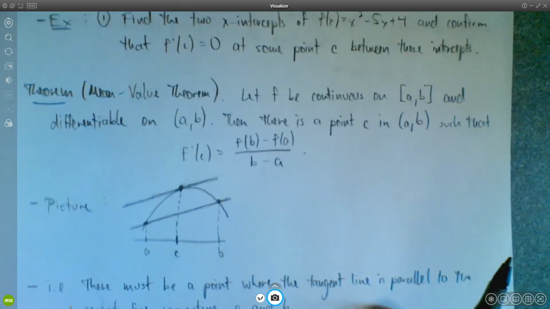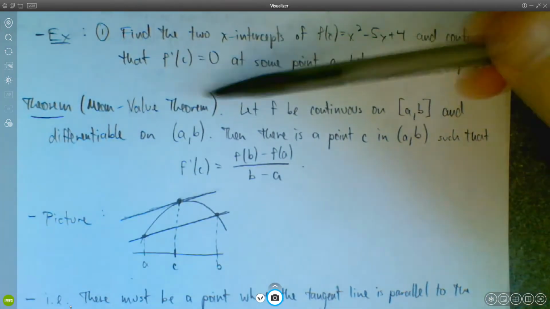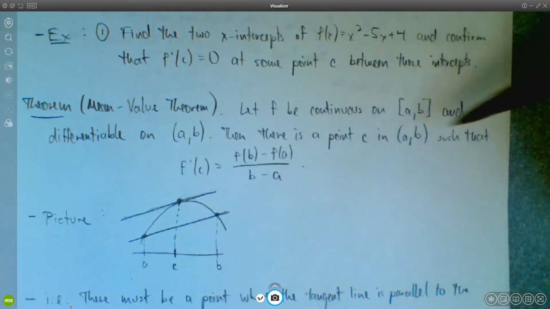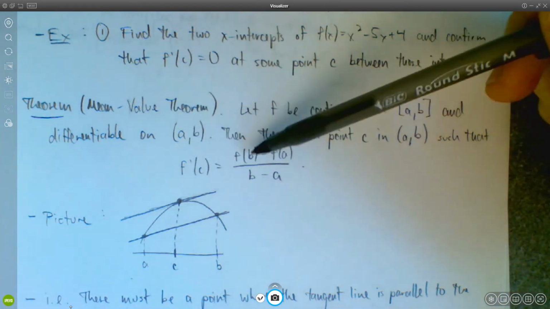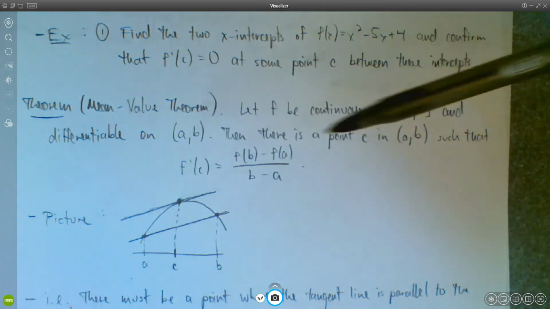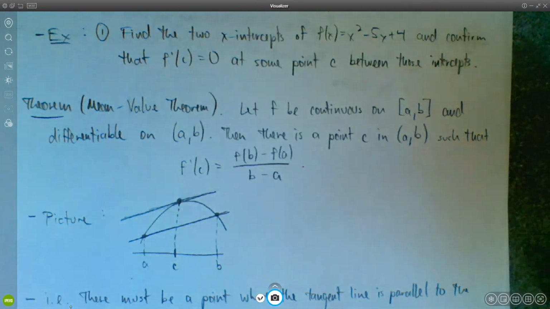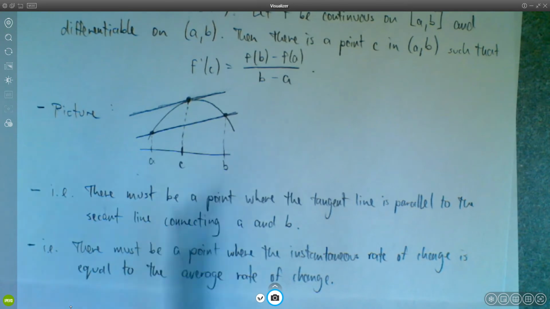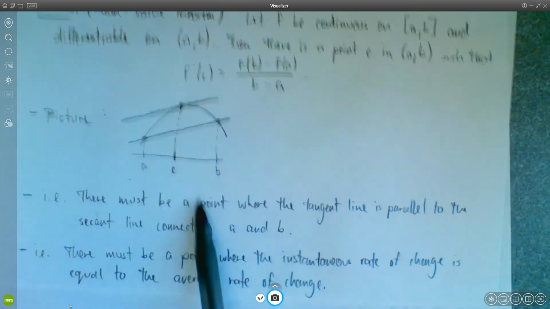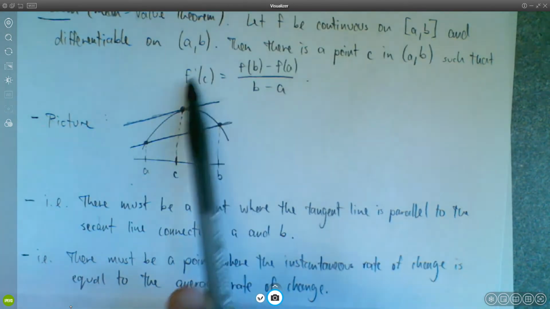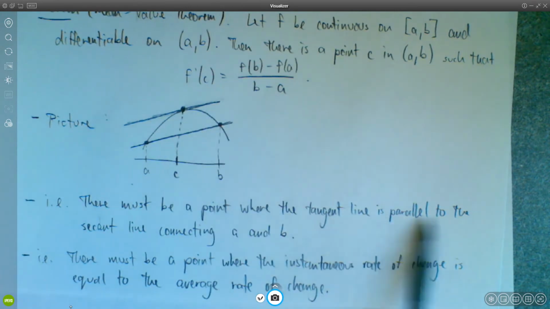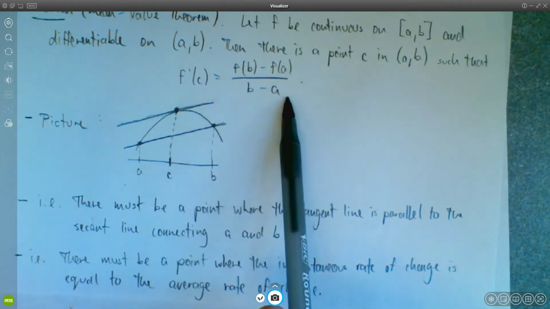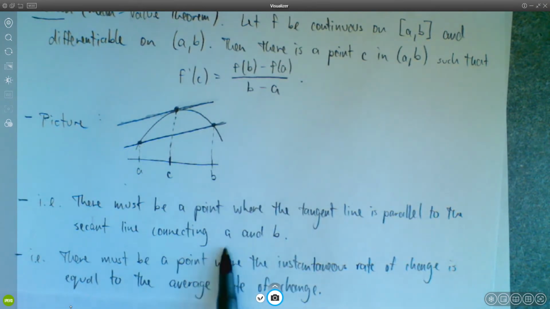But this time we're going to say if those conditions hold, then there's a point c in the interval from a to b such that f prime of c equals f of b minus f of a over b minus a. In other words, there must be a point where the slope of the tangent line is parallel to the secant line, f of b minus f of a over b minus a, the secant line connecting points a and b.